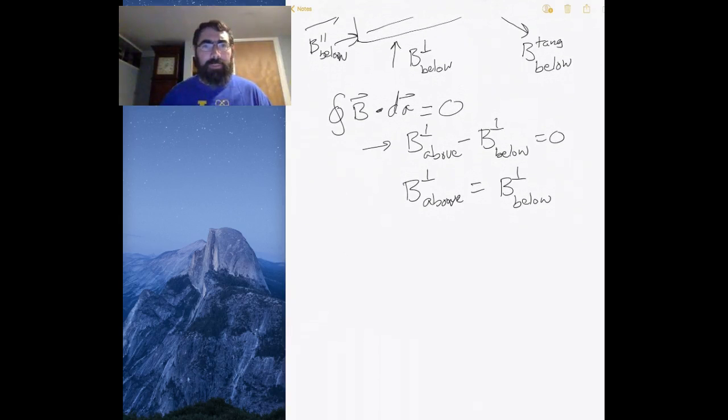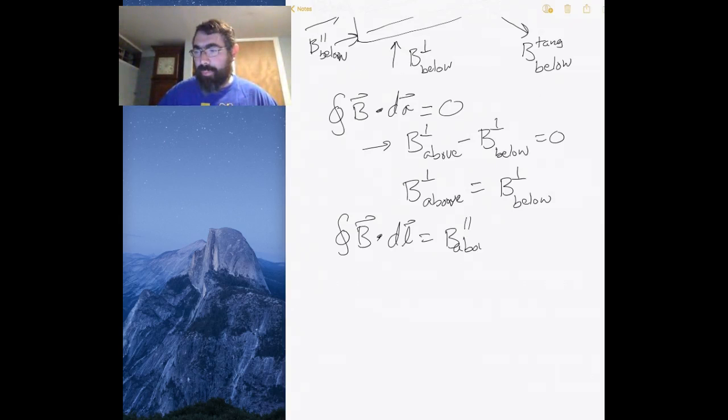Okay. Now what about when we're summing the magnetic field along a path? We can look at a closed path. In this case, the parallel component of the magnetic field above minus the parallel component of the magnetic field below, times the length, should be equal to mu 0 times the enclosed current.